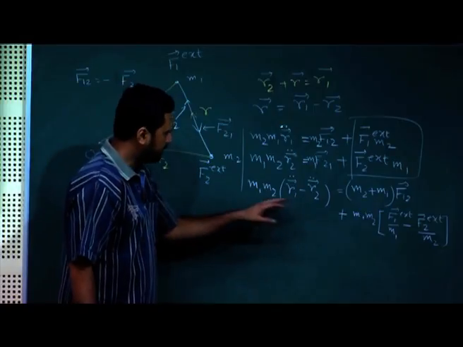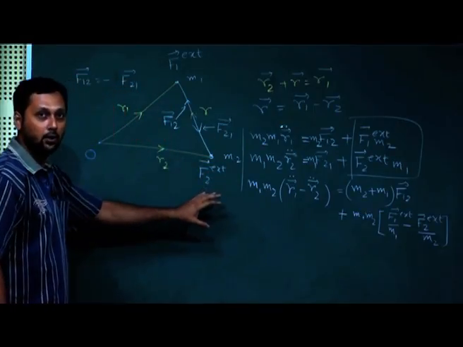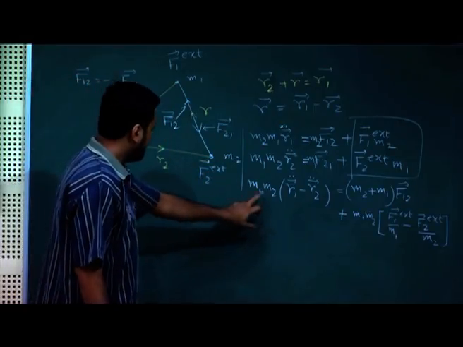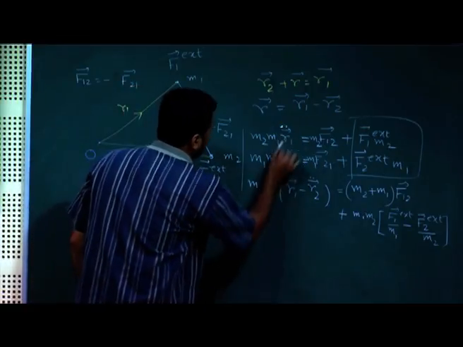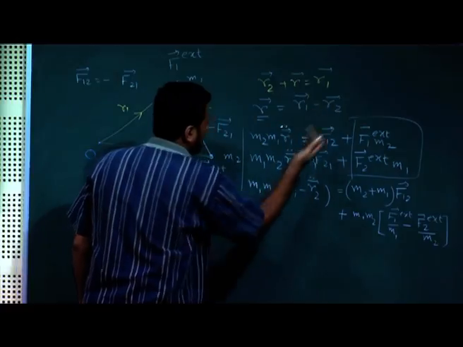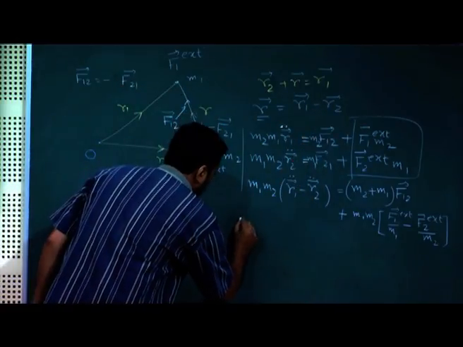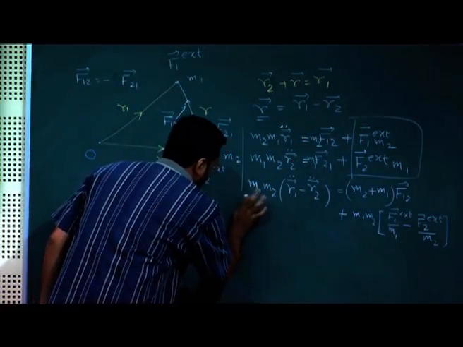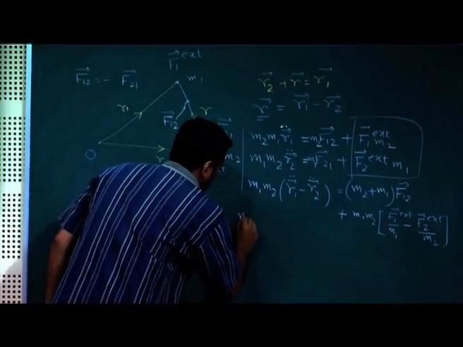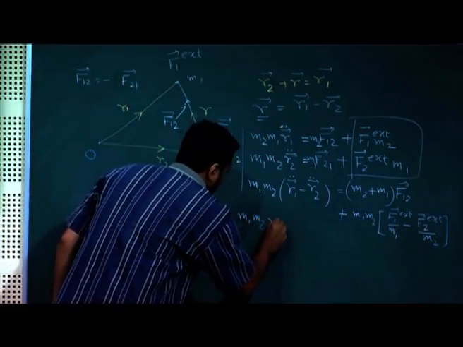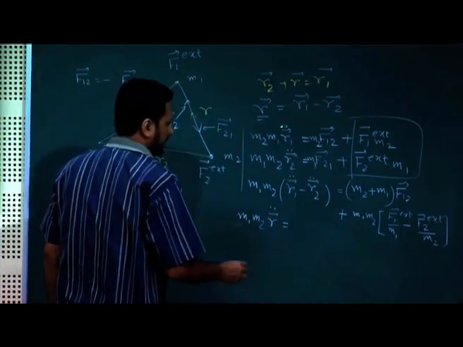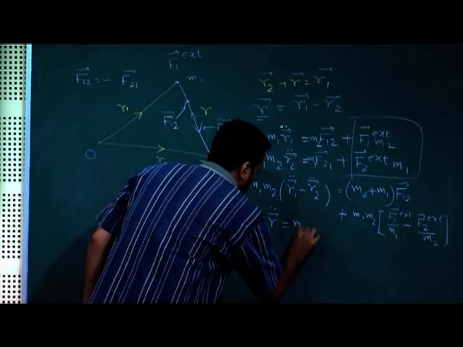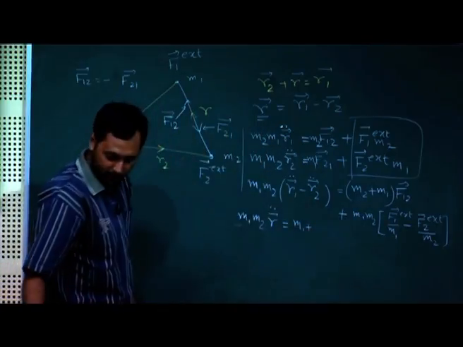So, the equation altogether can be written as, now what we are going to do is, on the left hand side we are just going to use R equal to R1 minus R2. So, on the left hand side we have, and then we can just rearrange it, R double dot, which will be equal to M1 plus, okay, I will not write it again.